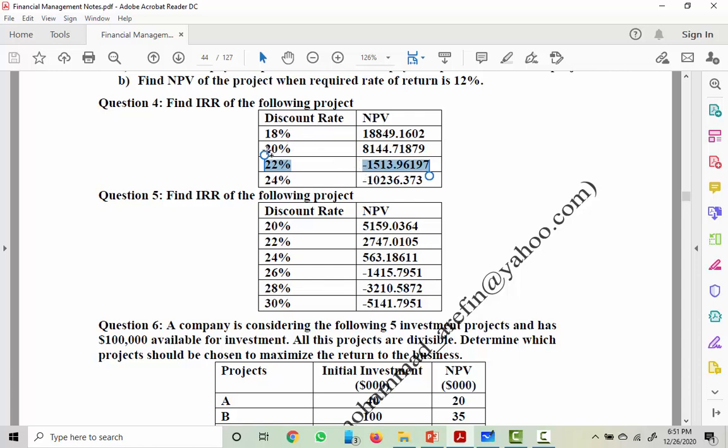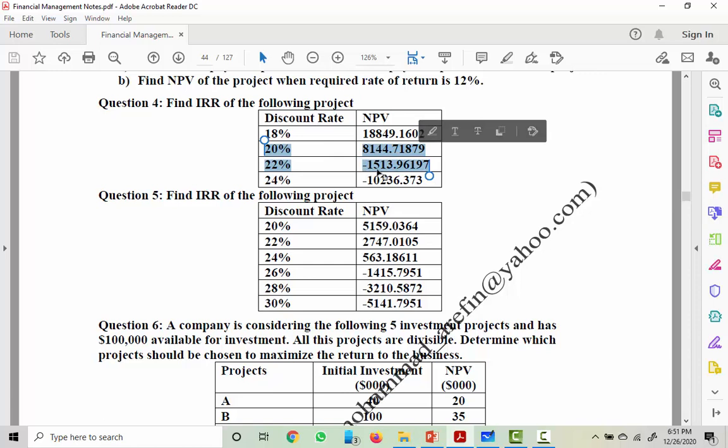So that means we will use this to calculate IRR. We will use mainly these two NPVs. This one is the positive one and this one is the negative one.